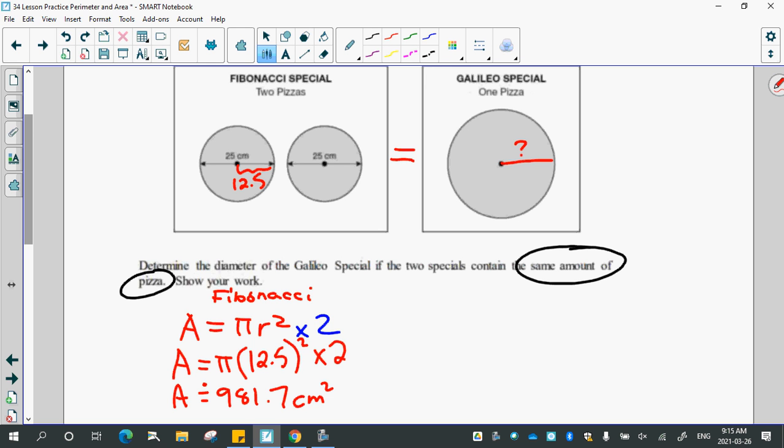Reese. If that was 12.5 for the radius, and the diameter is 25, and this pizza contains the same amount as these two put together, then that would mean that the diameter is going to be 50 centimeters. Do you think so?